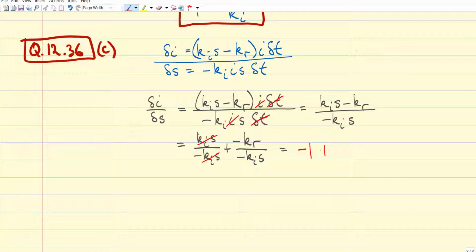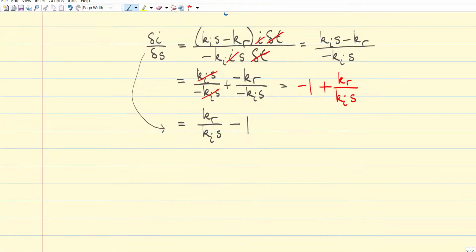So that's actually plus KR over KIS. So we can rewrite that. Let's do this back in our black color. And it's KR over KIS minus 1. And that, just reminding you what we were talking about, that's this thing.